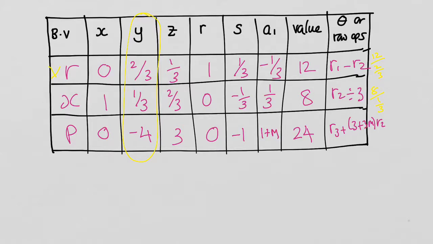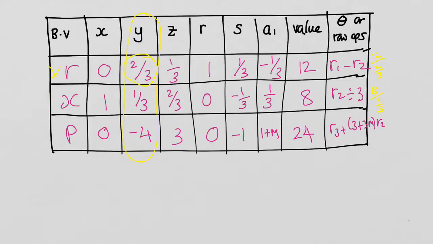So I am going to have this one as my pivot element. So in the next tableau, I'm going to times all of that row by 3 over 2. I will then, to make that go to 0, take away 1/3 lots of the first row. And to make that go to 0, I will add on 4 lots of the first row. So already it's so much nicer.